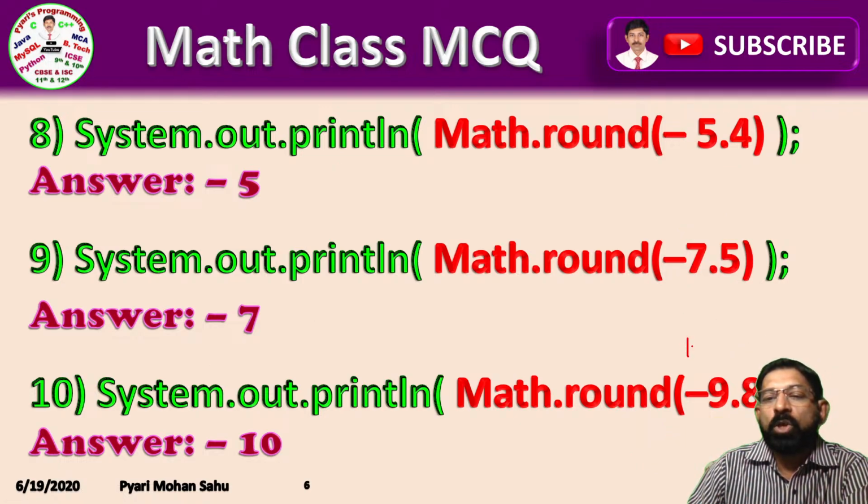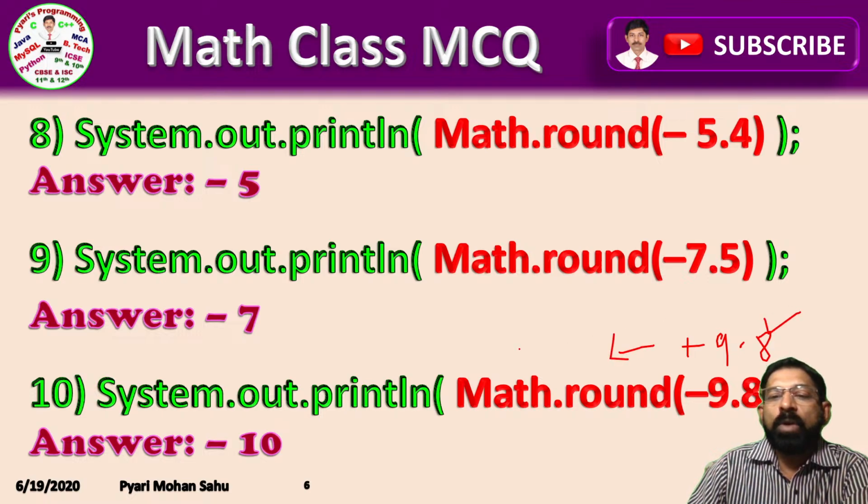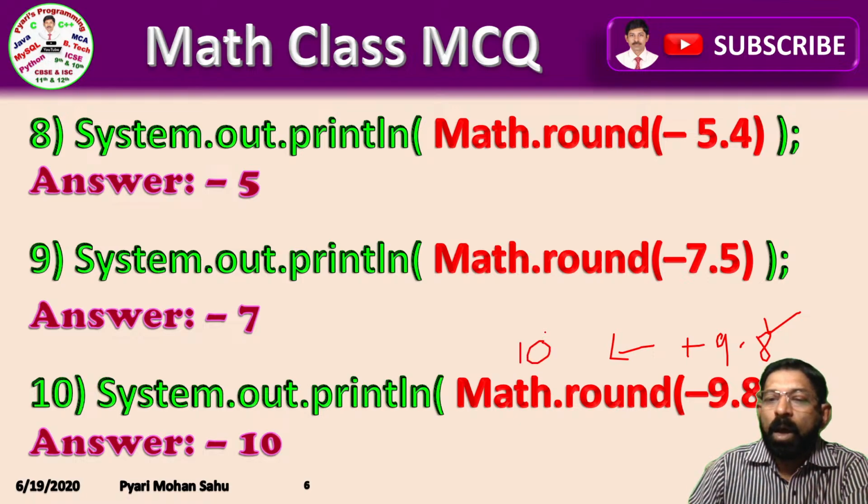If it is positive 9.8, then what is your answer, Lakshmi? Because it is above 0.5, that's why it will be your 10. Now it is saying that in case of positive, if it is 0.5 or above, it rounds up; if it is below 0.5, it returns the integral part.